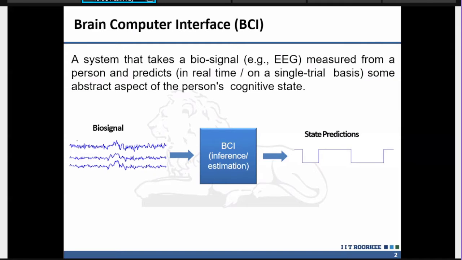But if we acquire the brain signal through some sensors, then the objective of brain computer interface is to develop some computer interface which will take the biosignals as input and produce an output.